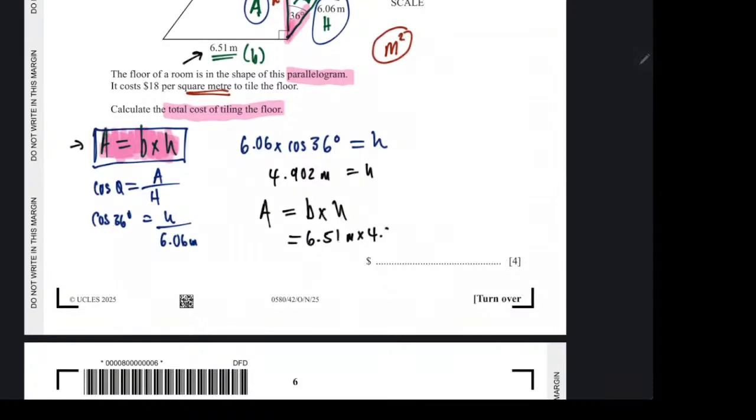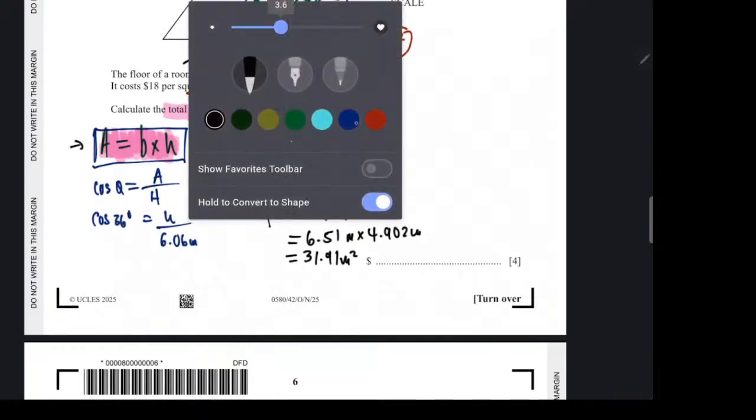Multiplying 4.902 meters. What do you get now, students? This is the last one you're doing. 31.9 square meters. You see, you have found the area.